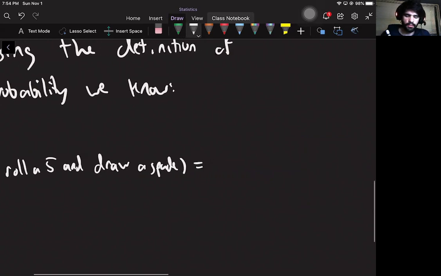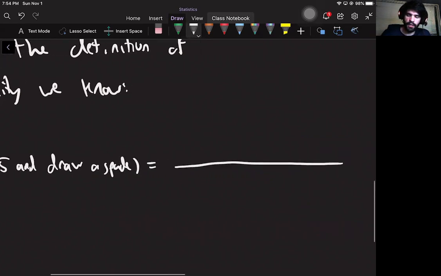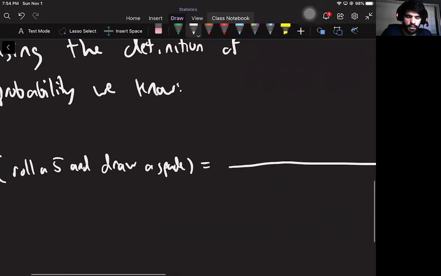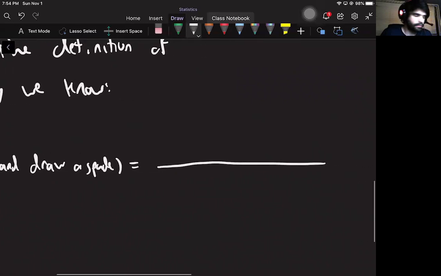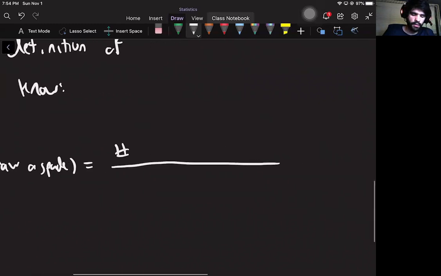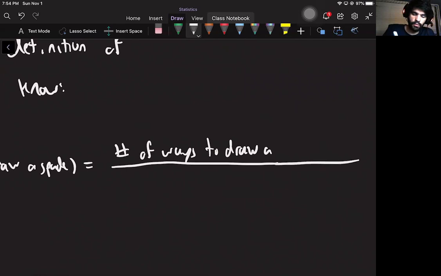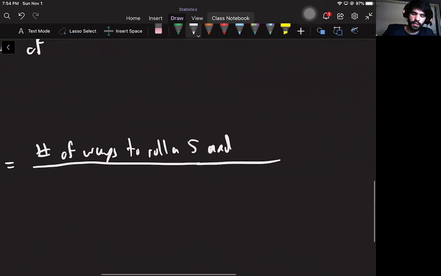Well, we learned that the probability of an event is just the number of ways that thing could happen versus the number of things that could happen total. So since I am rolling a 5 and drawing a spade, on the top here should be the number of ways that can happen. So number of ways to roll a 5 and draw a spade.